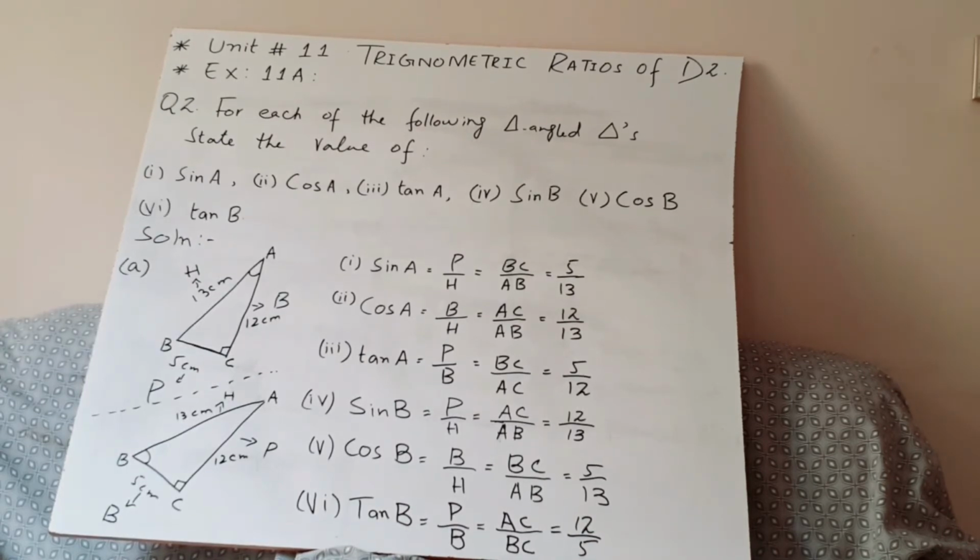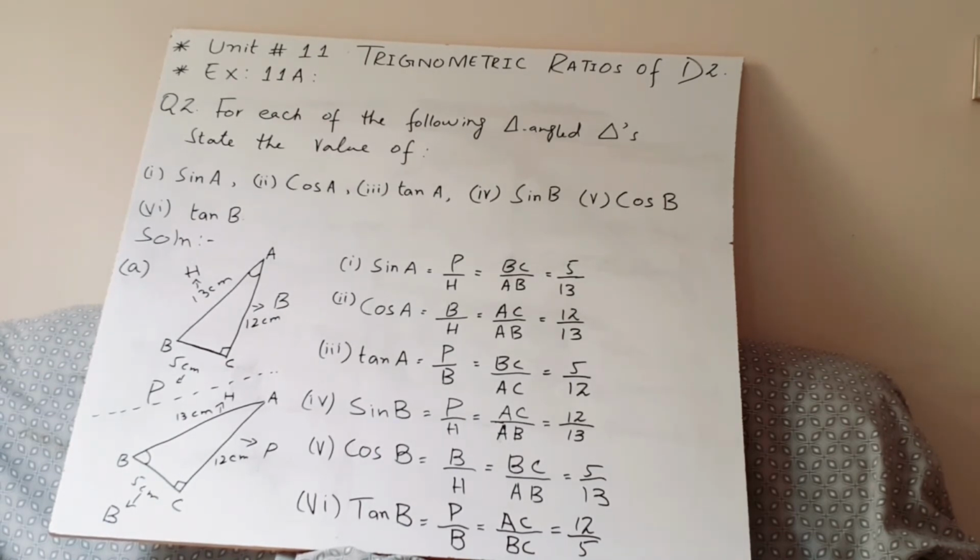But for perpendicular and base, as they are asking for sine A, we have to take the acute angle at A. With respect to A, the side which is opposite to the acute angle, which is BC, will be the perpendicular, and the side which is adjacent to acute angle A, which is AC, will be the base. First thing, identify base, perpendicular and hypotenuse on the triangle given to you. Then move on.